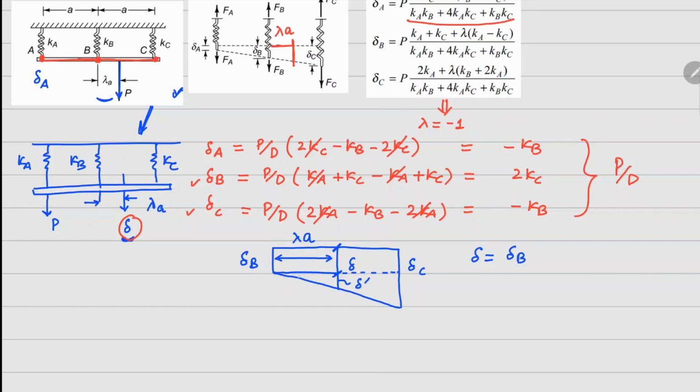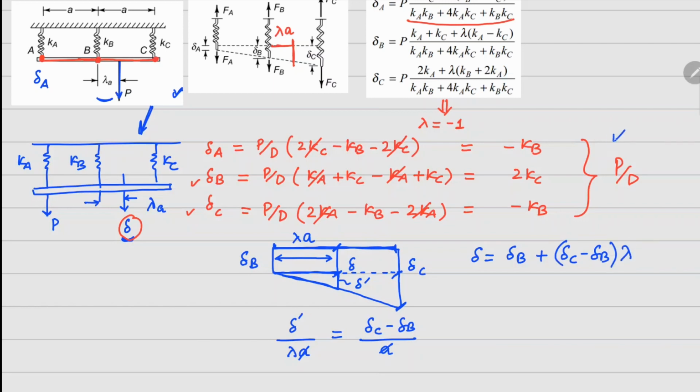Now delta dash divided by lambda A, from this triangle, needs to be equal to this height right here, which is nothing but delta C minus delta B, divided by this width here, which is the gap between B and C, which is equal to A. So this A and A cancel out, so your delta dash is going to be delta C minus delta B times lambda. So I can add this part here.